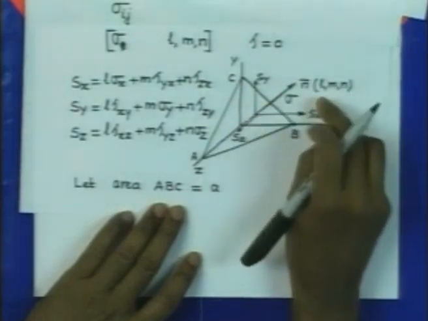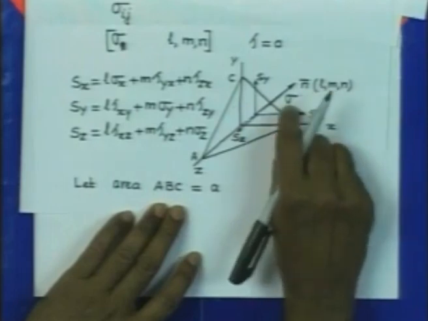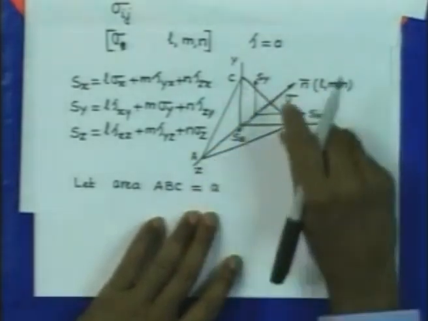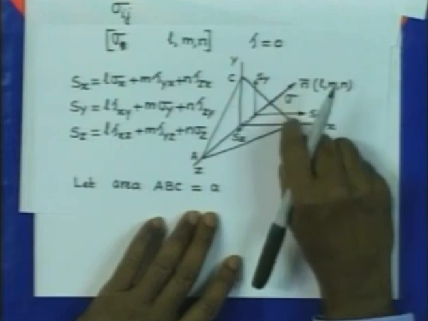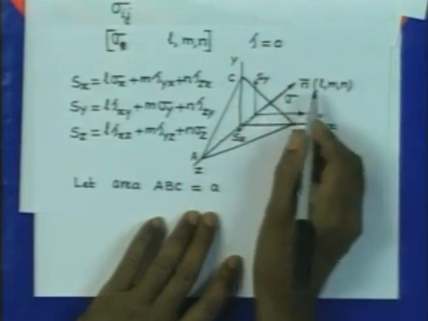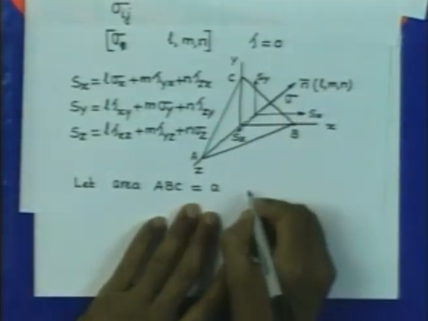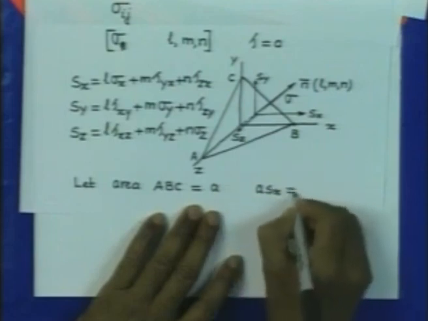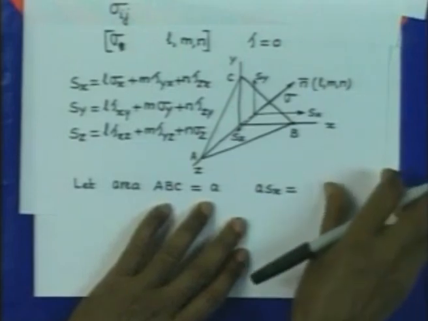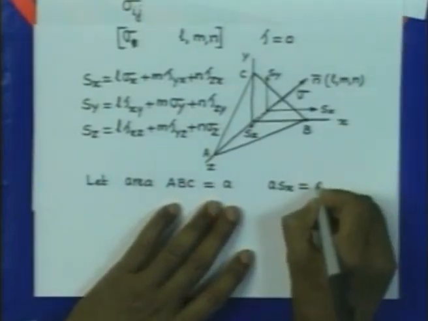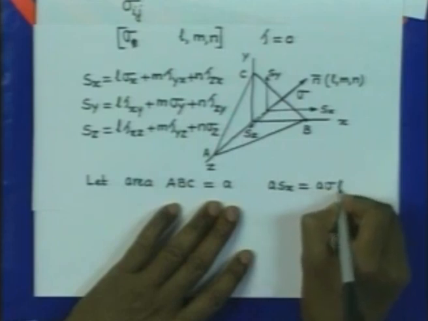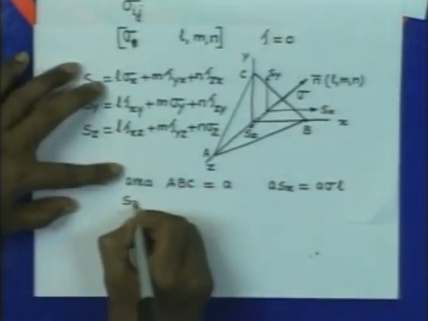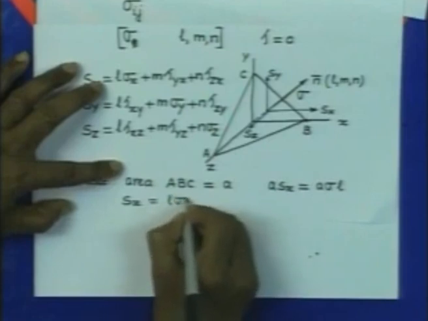The total normal force on this plane is nothing but A into sigma, and its component in the x direction is L sigma into A. So, therefore, we can write that the total force in the x direction is nothing but A Sx, and this should also be equal to L into sigma multiplied by A.